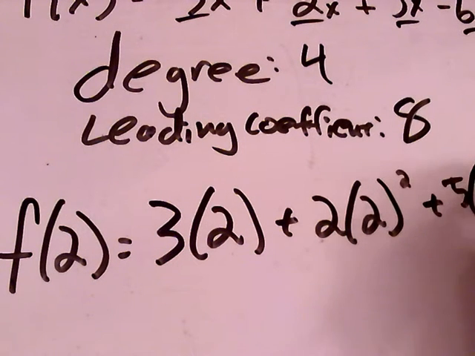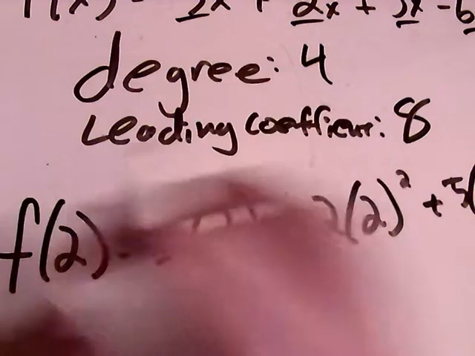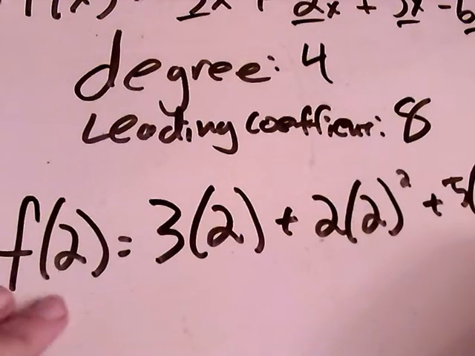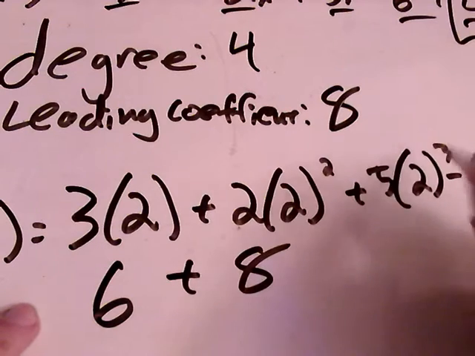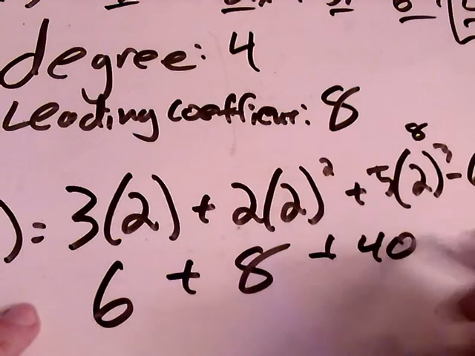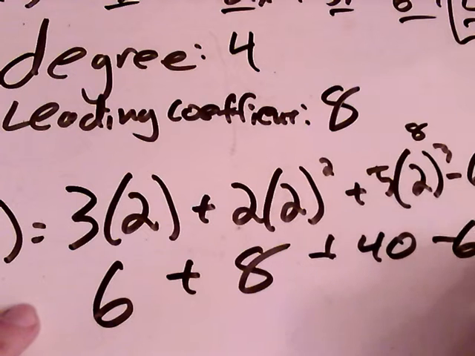Now what that means is whatever is inside the parentheses goes in for every x. So if you see something like this as a 2, you plug it in for every x.